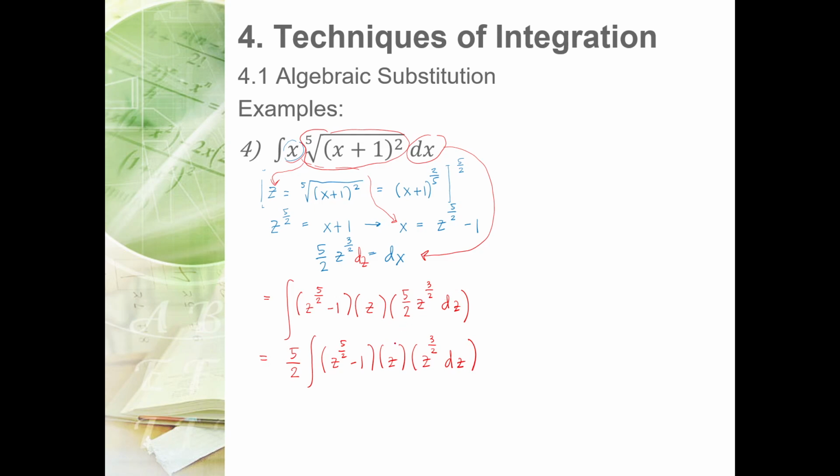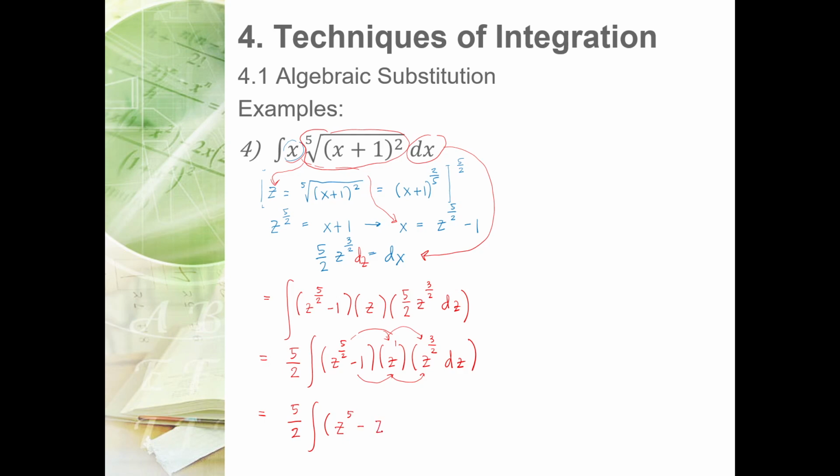So take note that this one is z to the power of 1. So if you multiply this one with each of the terms in the first binomial, and then the second term, this would give us 5 halves integral of, 5 halves plus 1 plus 3 halves, that would give us 10 over 2. So this is z to the power of 5.